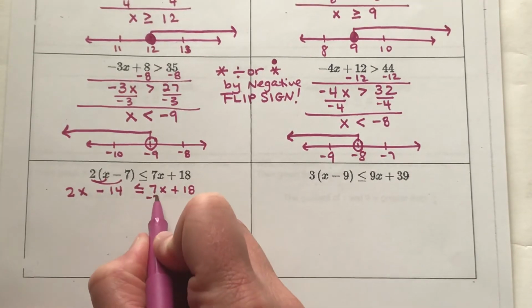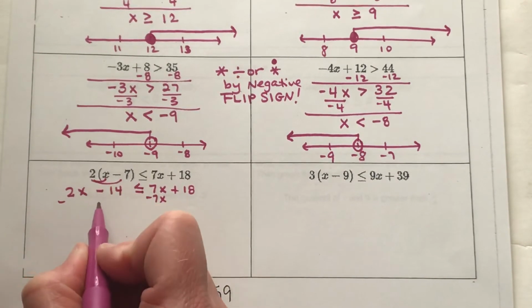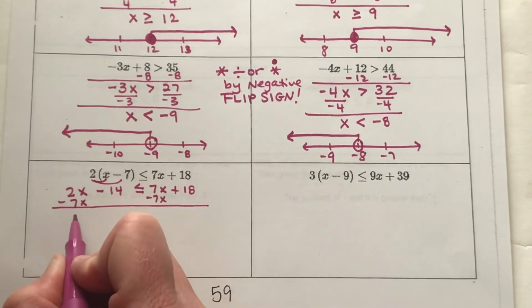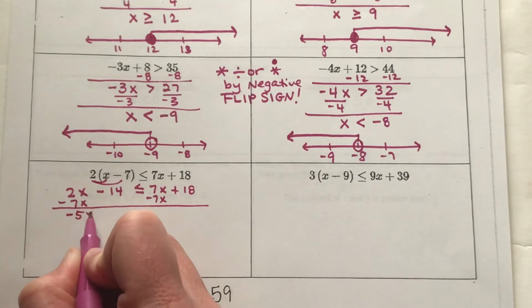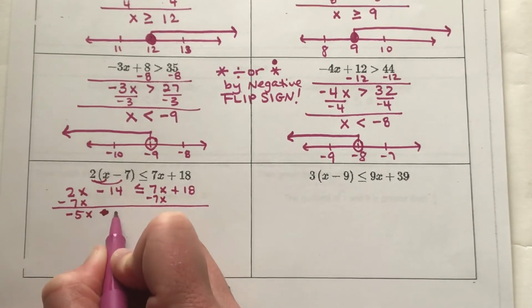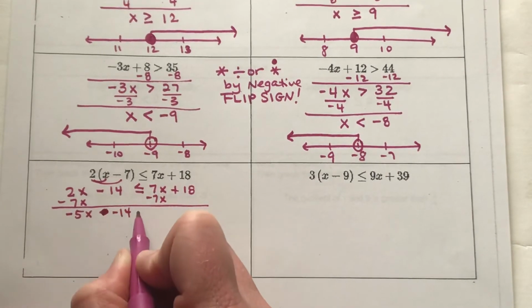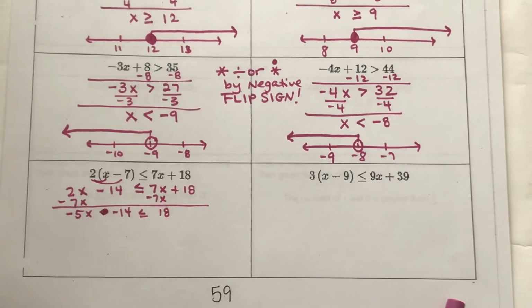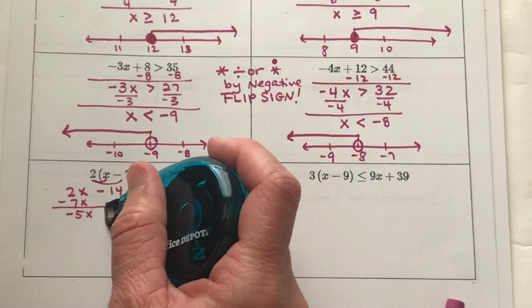So I'm going to subtract 7x so that my x's are always on the left side. Now if I subtract 7x, I'm going to get negative 5x minus 14 is less than or equal to 18. So let me just fix that error I made real quick.